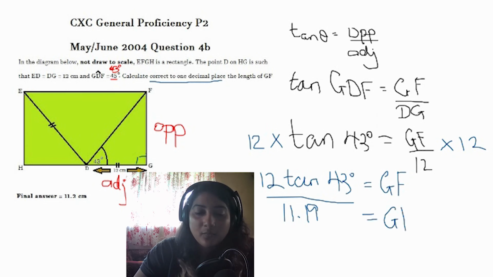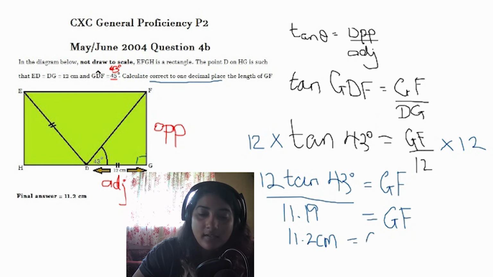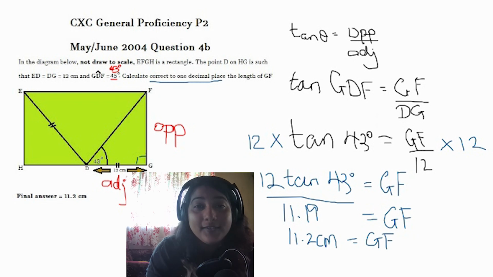If I want to round this up to 1 decimal place, I'm looking at this position here, and this means to round this off, we'll get 11.2. Alright, and that's our answer. The length of GF is 11.2 centimeters. Alright, units are important. And that's how we do this. Alright, so this is how we apply our tan ratio to find the length of a missing side.